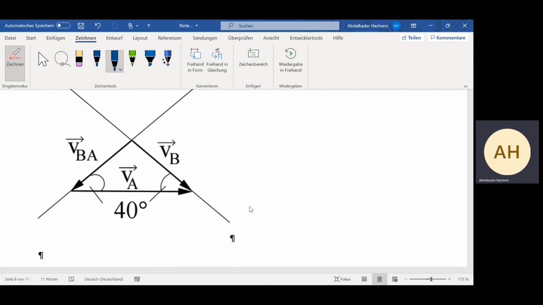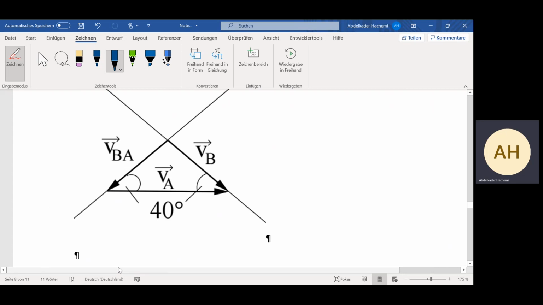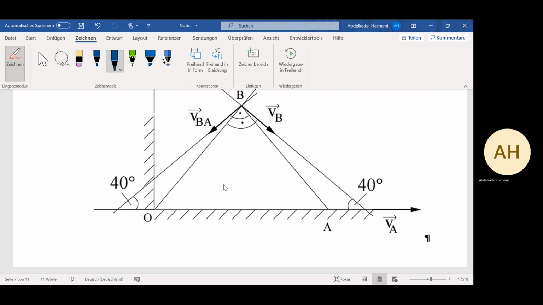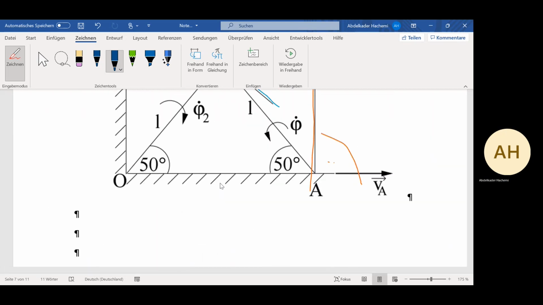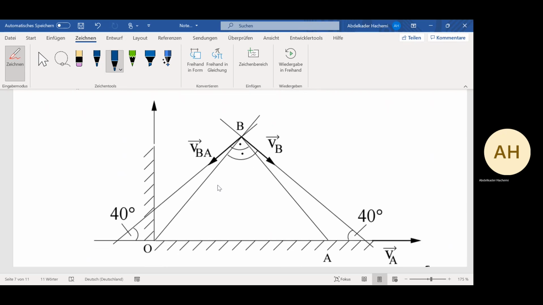If we represent it graphically, what we have here is VB.